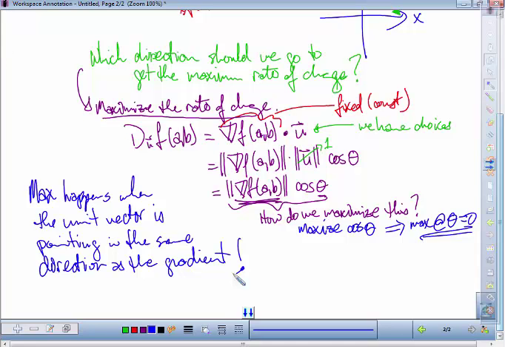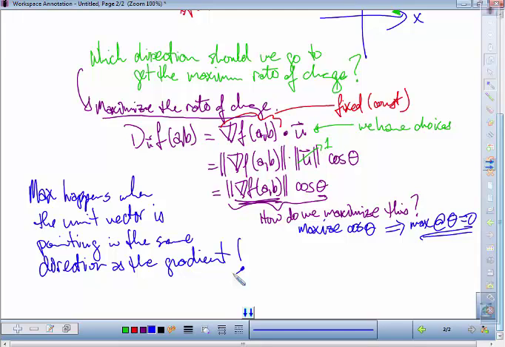Now that fact, and we proved it, is one of the biggest properties of the gradient: the gradient gives us the direction of maximum increase.